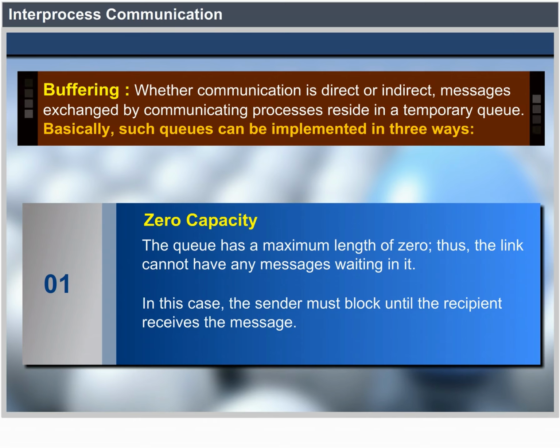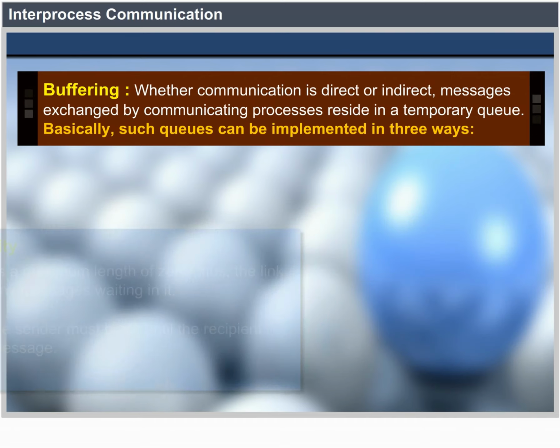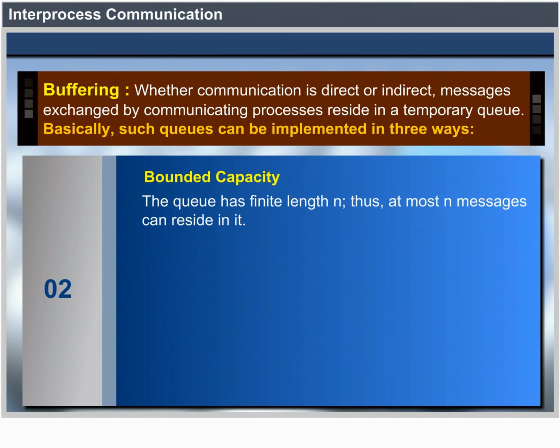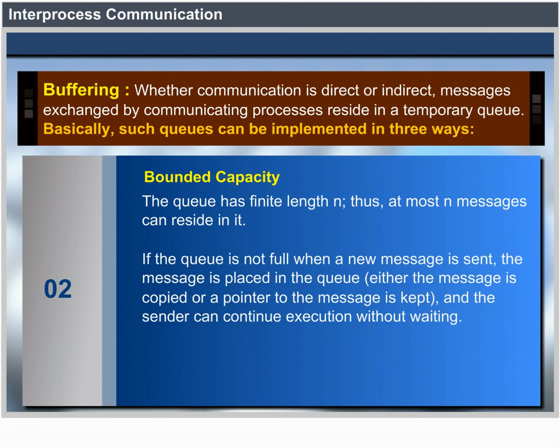Bounded capacity: the queue has finite length n, thus, at most n messages can reside in it. If the queue is not full when a new message is sent, the message is placed in the queue, either the message is copied or a pointer to the message is kept, and the sender can continue execution without waiting. The link's capacity is finite, however.